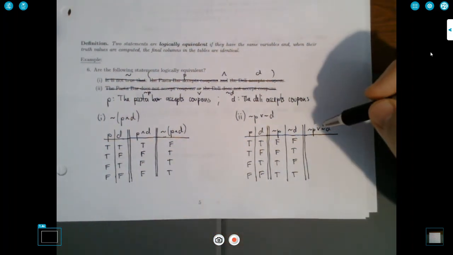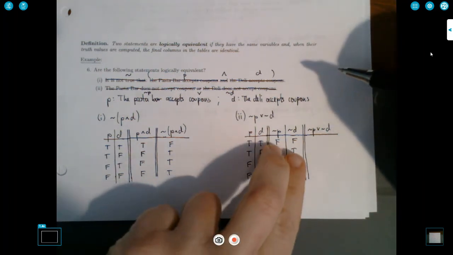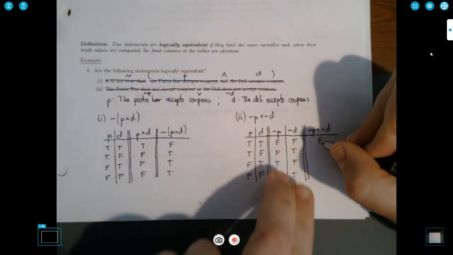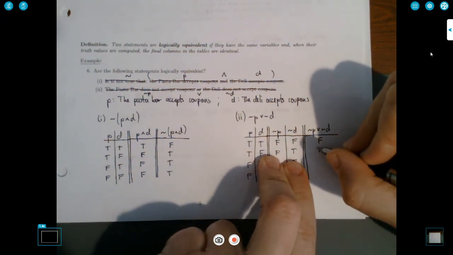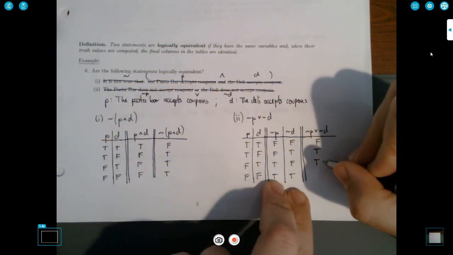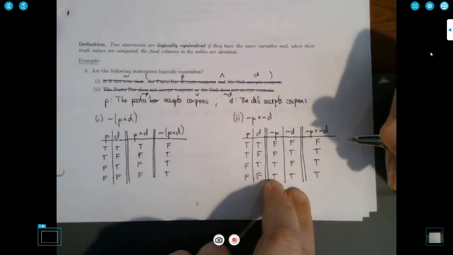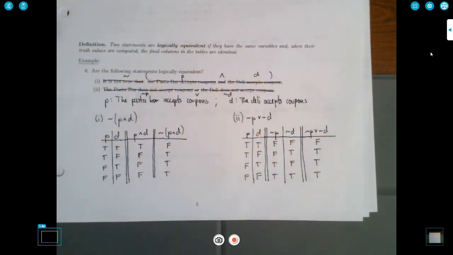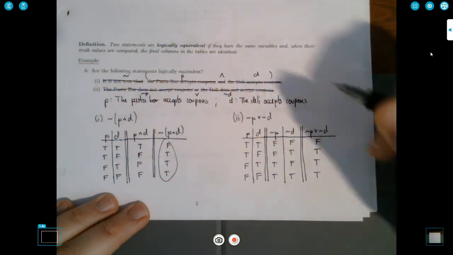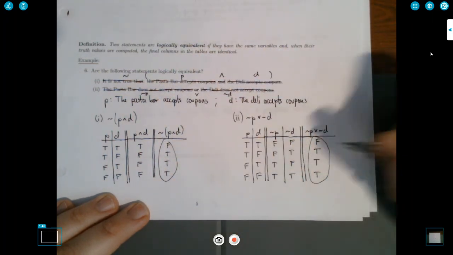So remember, in order for a disjunction to be true, you just need for at least one of the variables to be true. Now here they're both false, so this is false. Here one of them is true, so this is true. Here one of them is true, so this is true. And here they're both true, so this is true. Now, compare that last column. False, true, true, true, false, true, true, true.